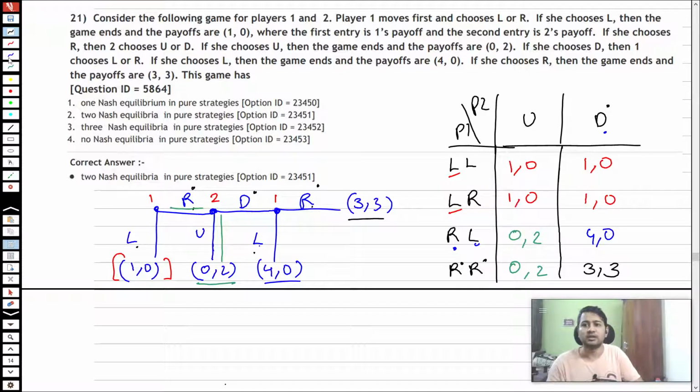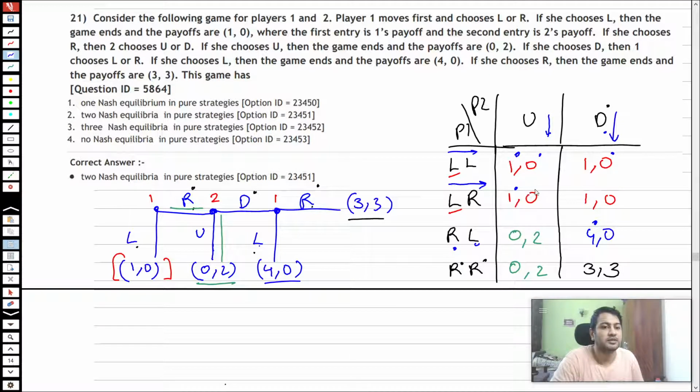So let us look at the Nash equilibria for this particular game. If I fix the strategy of this player as up, then the best response for the other is 1, and if I fix it as down, then the best response is 4. When I fix player 1's strategy as LL, both of them are best responses.